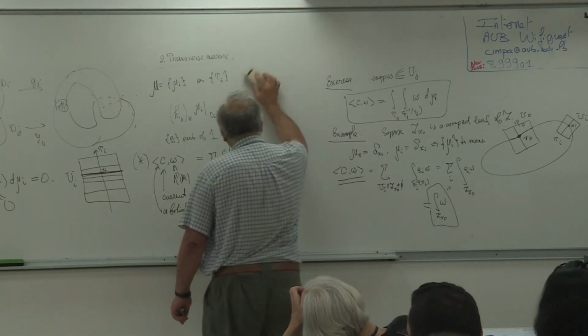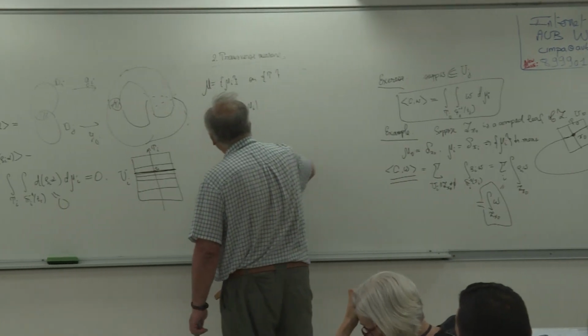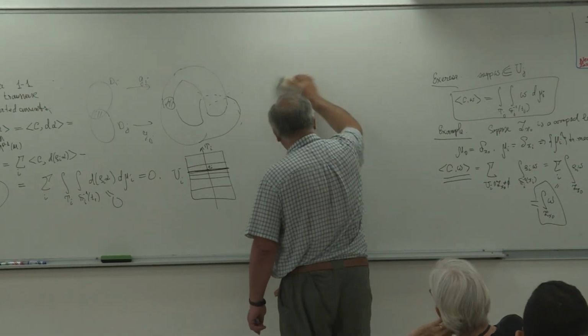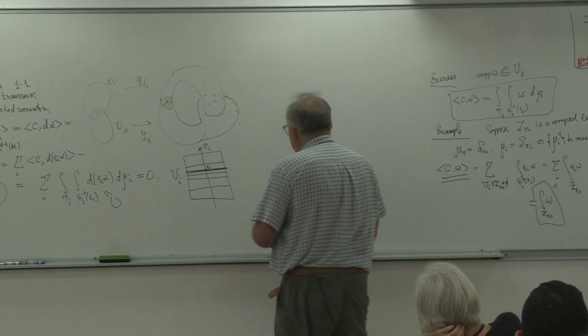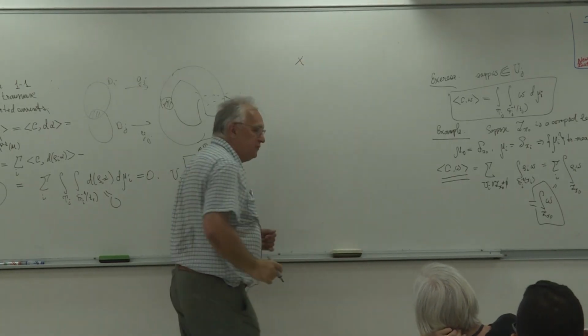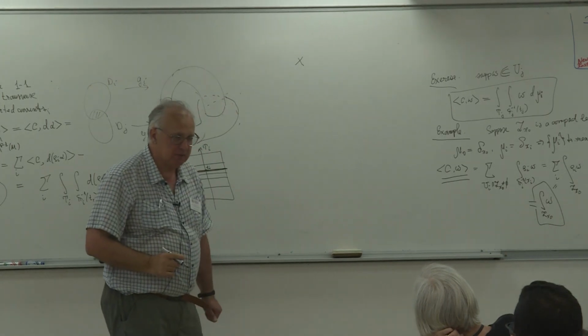In general, you fix a P vector field tangent to the foliation. What is that?